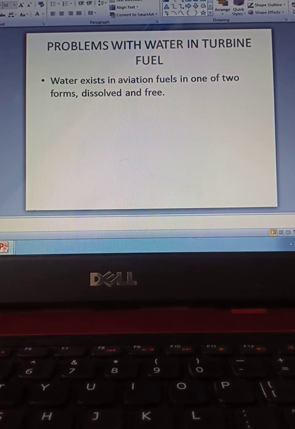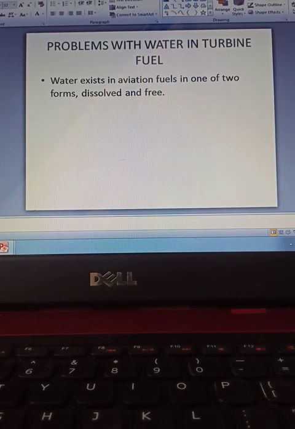So from gas to liquid, it condenses. Condense out of air in the storage tanks.